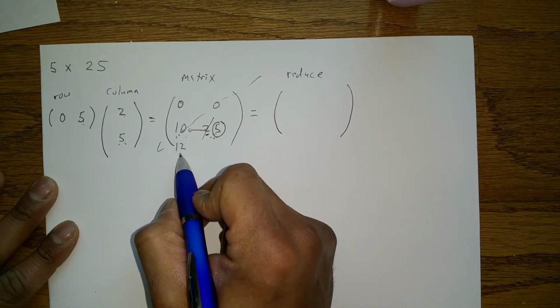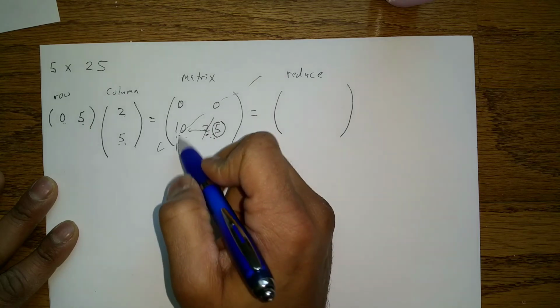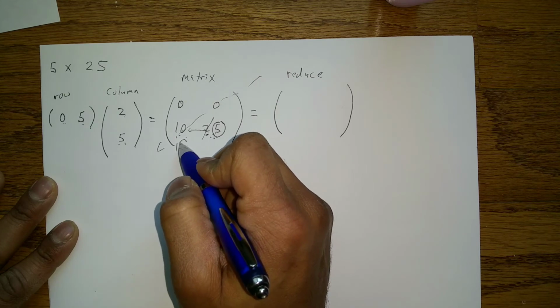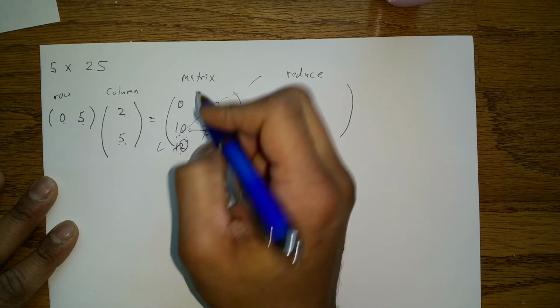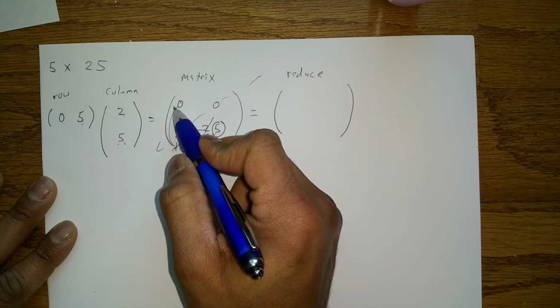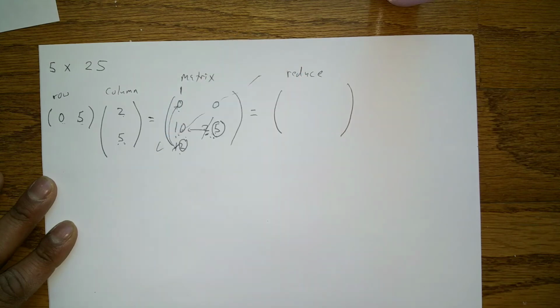But now you see I have 12, which is also too big for that cubby hole. It's 10 too many. So I'm going to circle the 2, because that's what's going to be left over, and then I'm going to get rid of that 1 and push it over to where that 0 is. So now that's going to be 1.